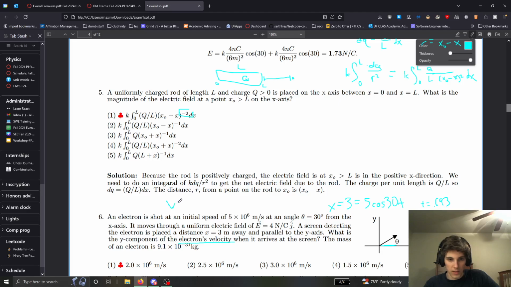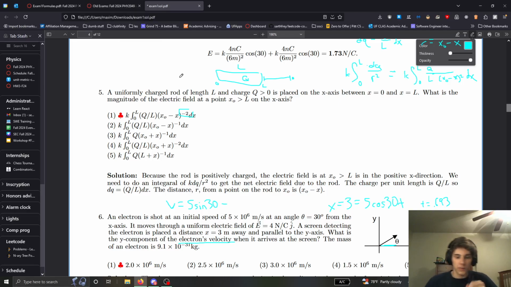So for the velocity, keep in mind this is asking about the y component, so the initial velocity would actually be 5 times sine of 30, and it's also getting reduced at a certain rate. Now, what is that rate?